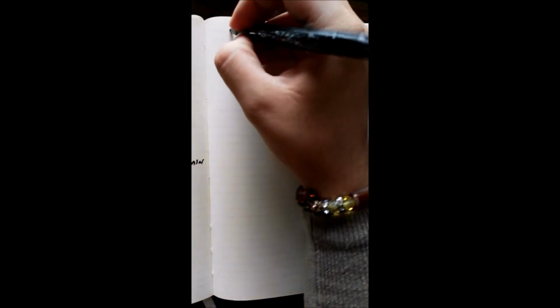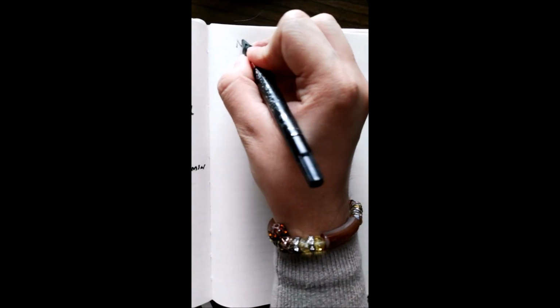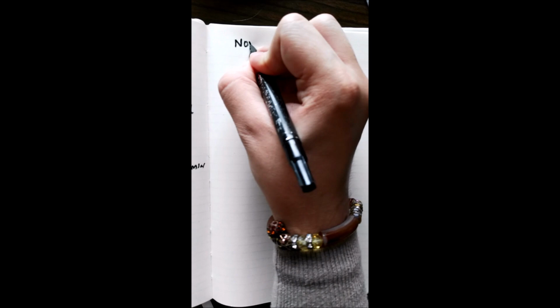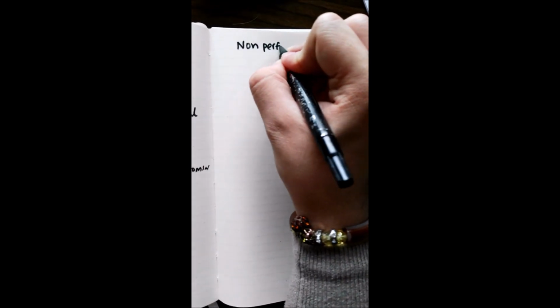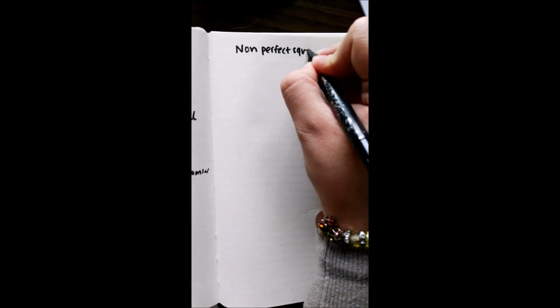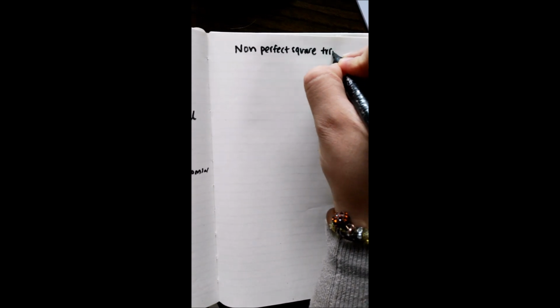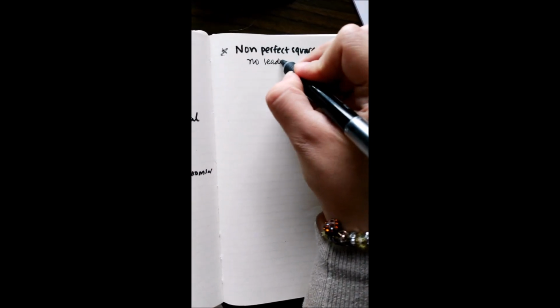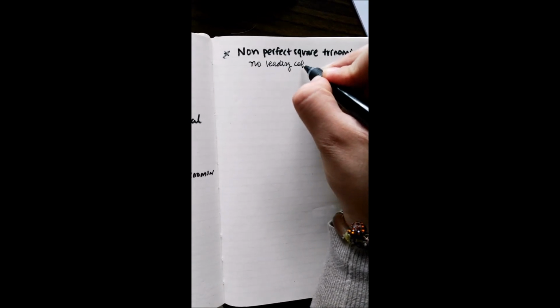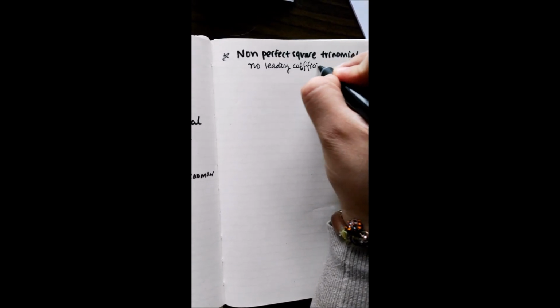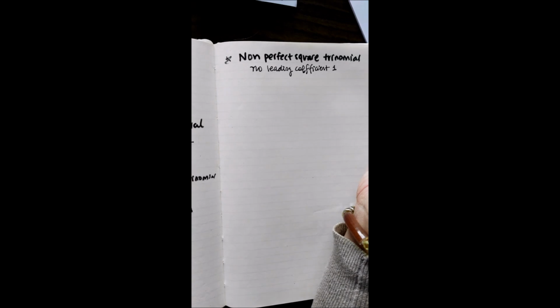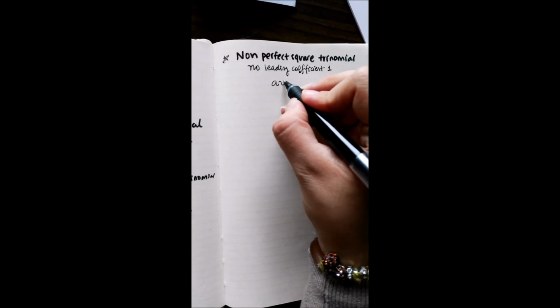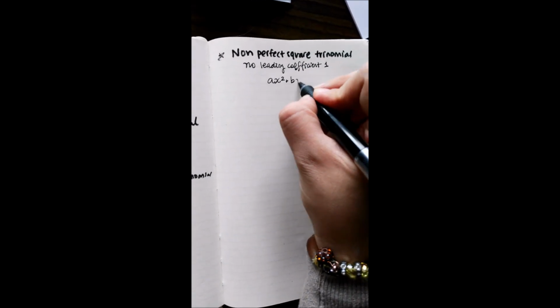Now we're going to proceed to the next type, which is also a non-perfect square trinomial, but in this case it will not start with a number 1. So the leading coefficient won't be 1, but it will be any other number, and the factorization would be very different, and we will see it further on in the examples. For now, let me write the form so you can have the theory: ax squared plus bx plus c.